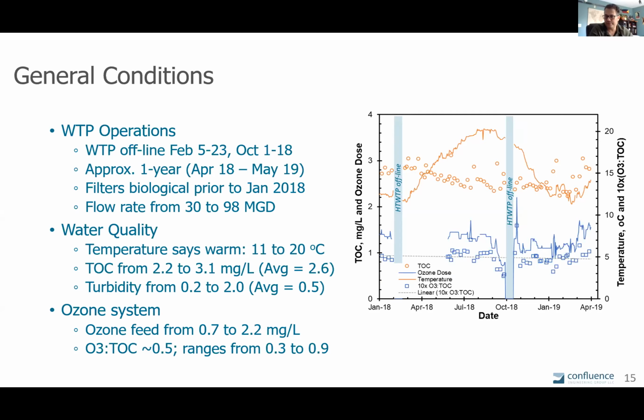That is changing, and I know that permitting is changing in Oregon and such, but it's fairly new up here, where Giardia inactivation credit was basically supposed to be achieved after filtration. The ozone operating conditions at the Harry Tracy plant were all tied to achieving Giardia inactivation credit with ozone, and that's how the ozone system was operated throughout this study.